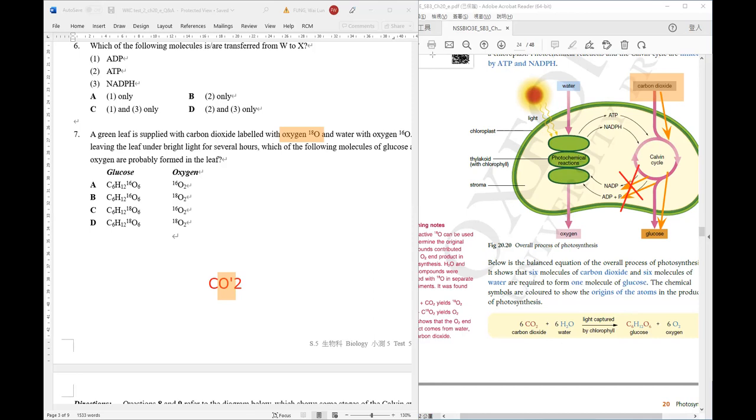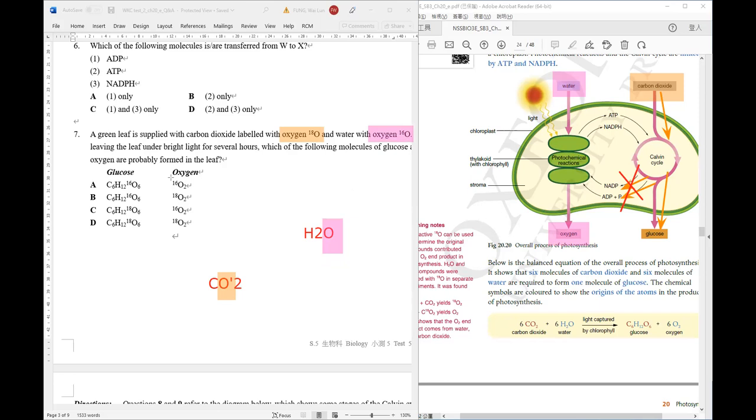For the other, water molecule, H2O. I use purple for this. I use pink for this oxygen. This oxygen atom comes from water. Water will be broken down and release oxygen. So this oxygen contains O16.